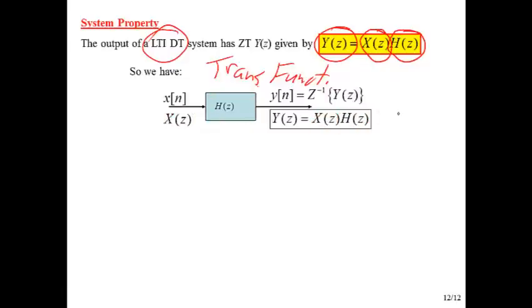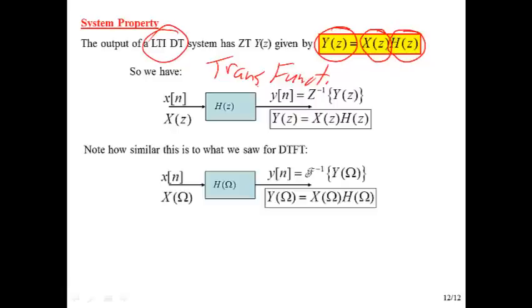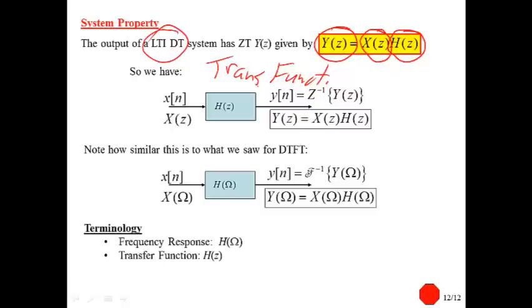There's that multiplication again. And so this is a huge idea, and it's similar to what we've seen for the DTFT, similar to what we've seen for the CTFT. So the terminology, H of omega is frequency response, H of z is the transfer function. A lot of engineers get those terms confused. Try not to do that.